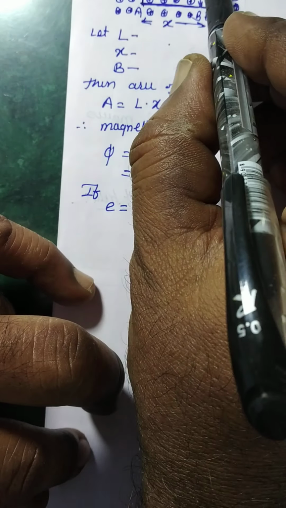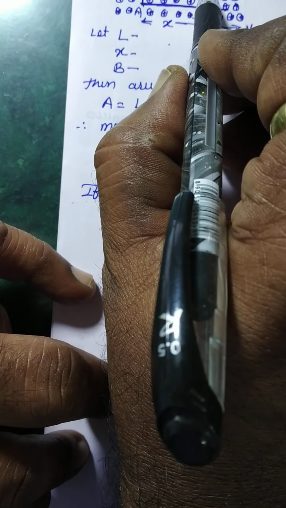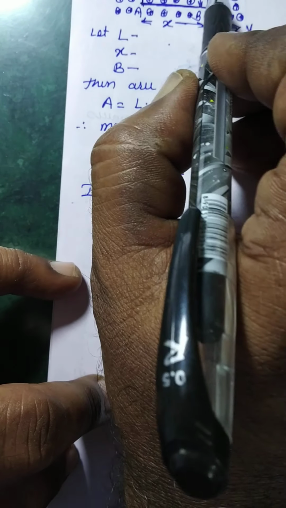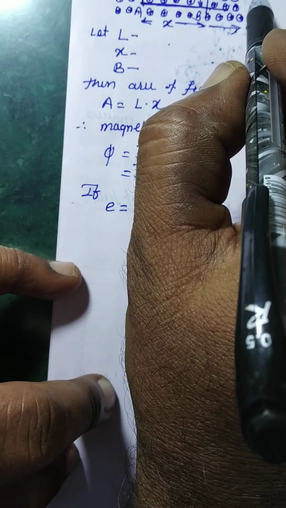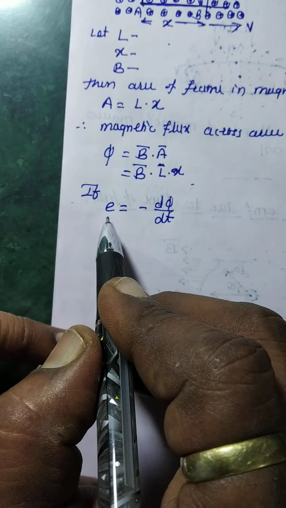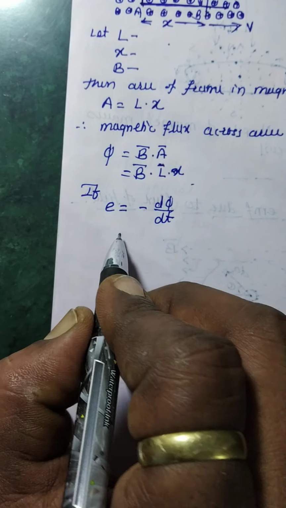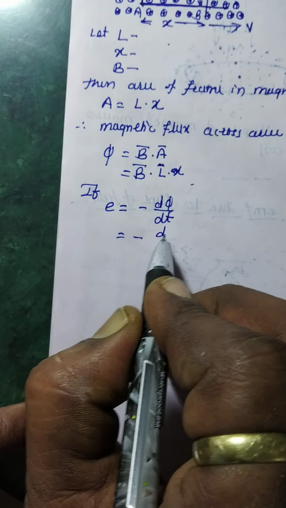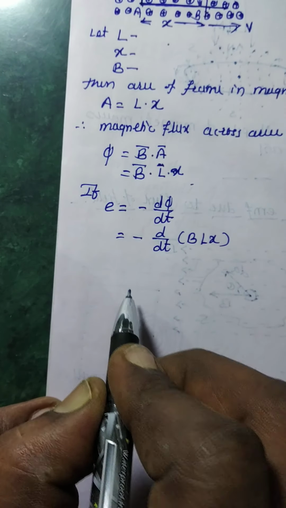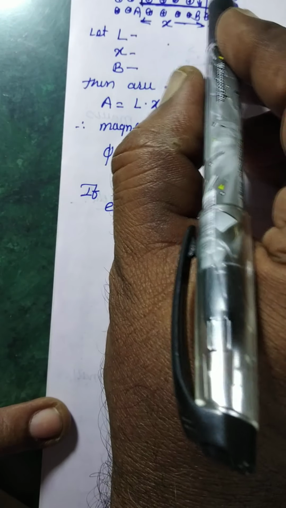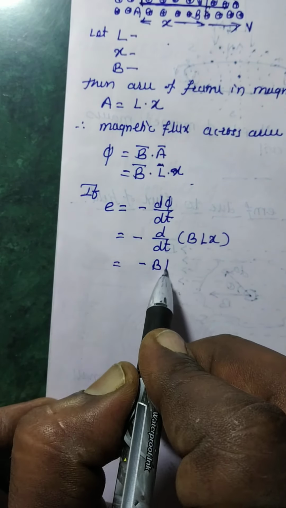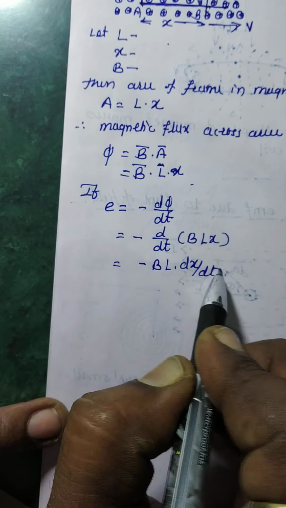The induced EMF due to change in magnetic flux is equal to minus d phi by dt, which is equal to minus d by dt of B into L into X. Magnetic induction is constant, length is constant, and therefore it is minus BL into dx by dt.